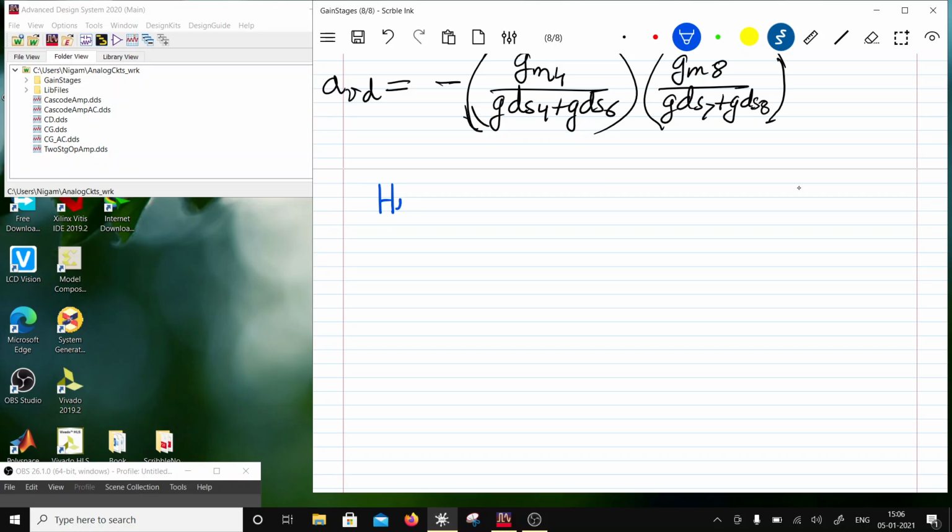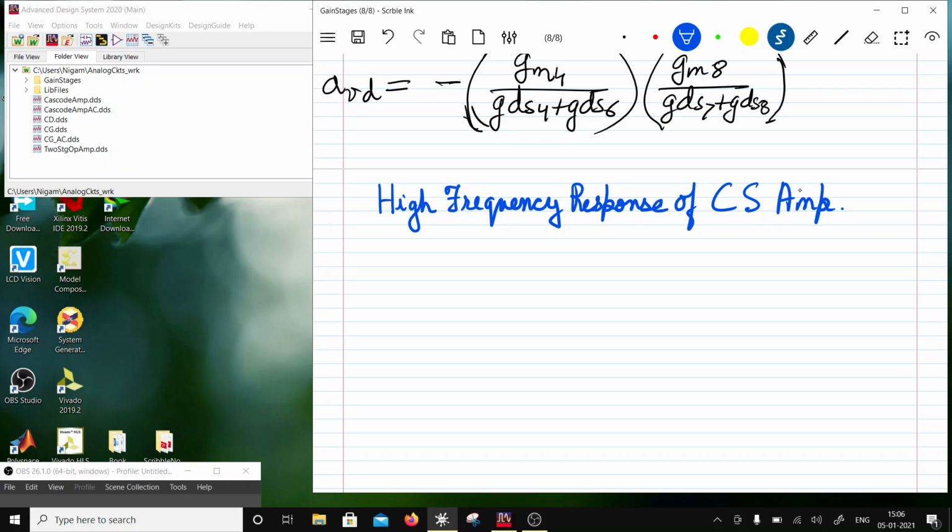So I would say high frequency response of common source amplifier. Okay, so now I'm not going to drop out any of the capacitors, so that we have all the idea of poles and zeros and stuff like that, right?